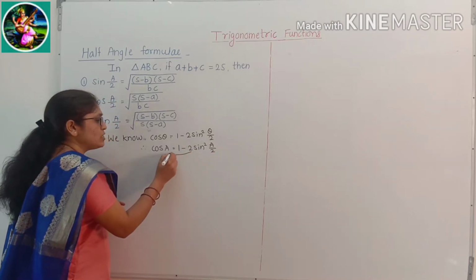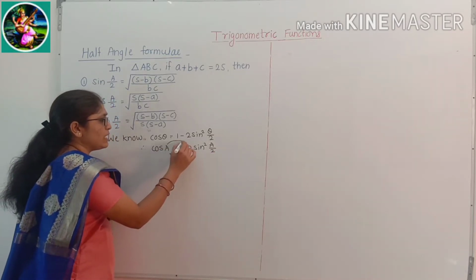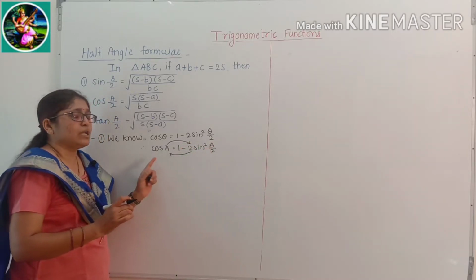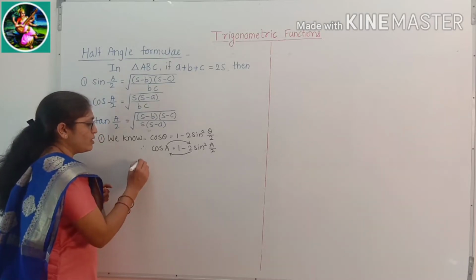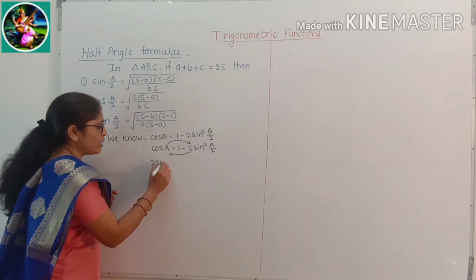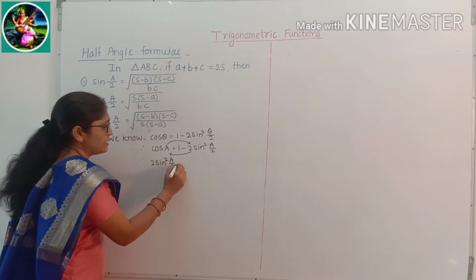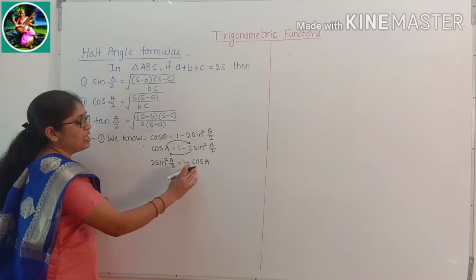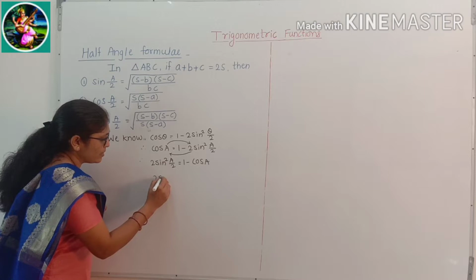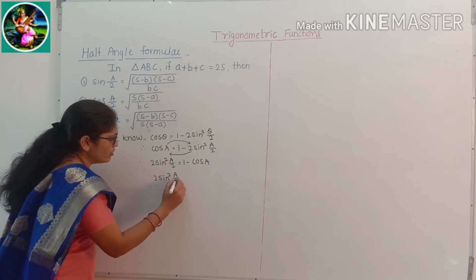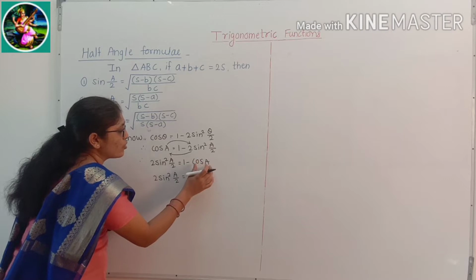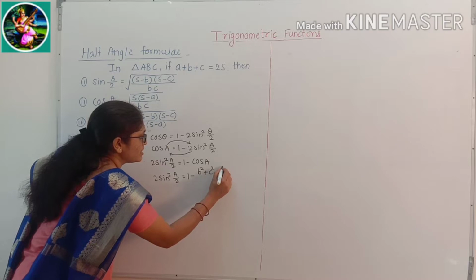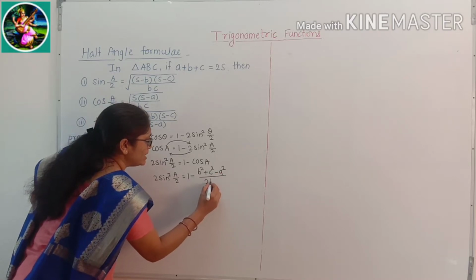We change the positions of these two terms: cos A we take to the right hand side and 2 sine square A upon 2 we take to the left hand side. Therefore we get 2 sine square A upon 2 is equal to 1 minus cos A. By using the cosine rule, cos A is equal to b square plus c square minus a square divided by 2bc.